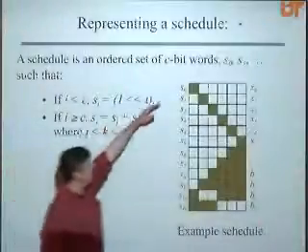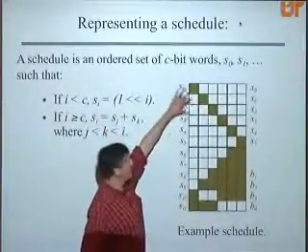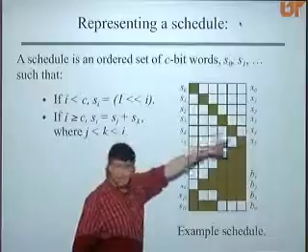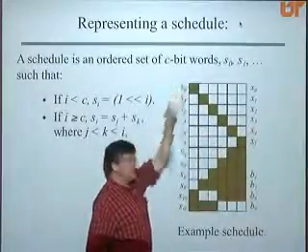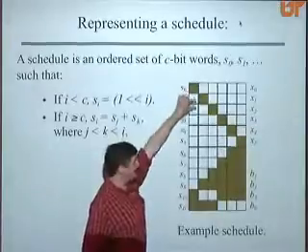What my schedule is composed of is, first, a representation of the data bits. So the first C rows are going to be the data bits of the matrix. It's going to look like a little identity matrix, but basically each row represents one of those bits of data.